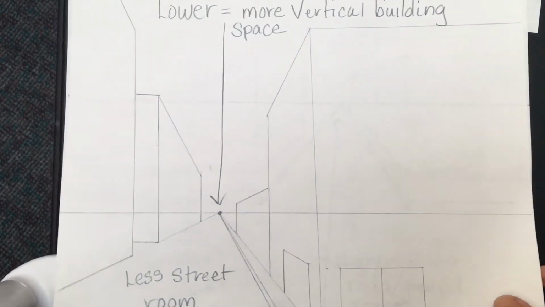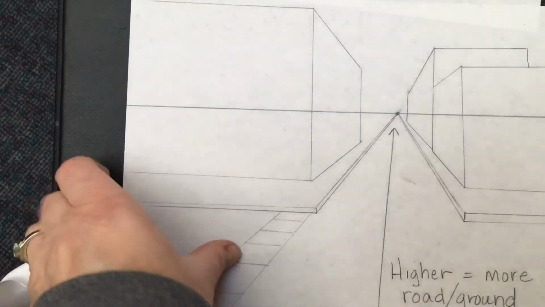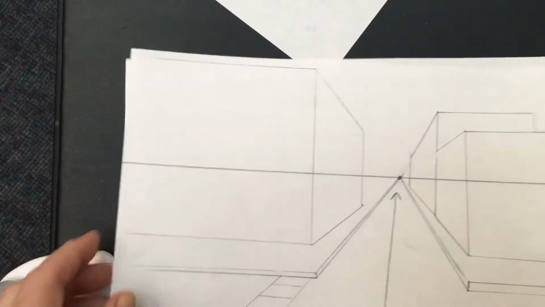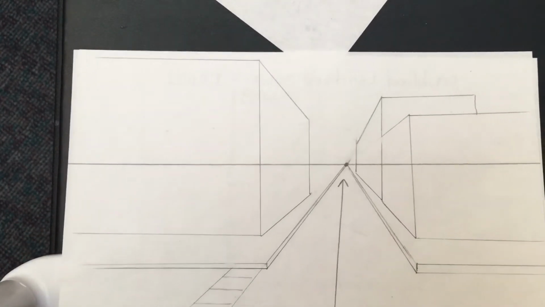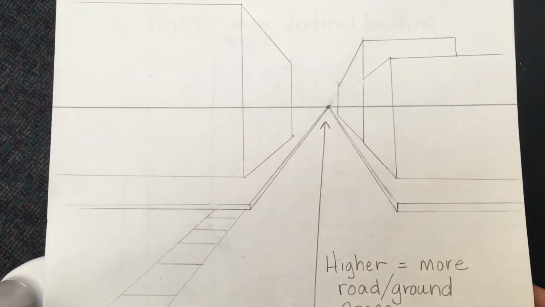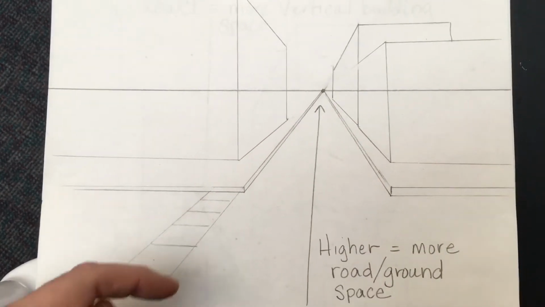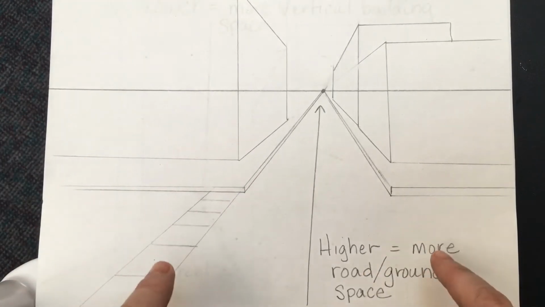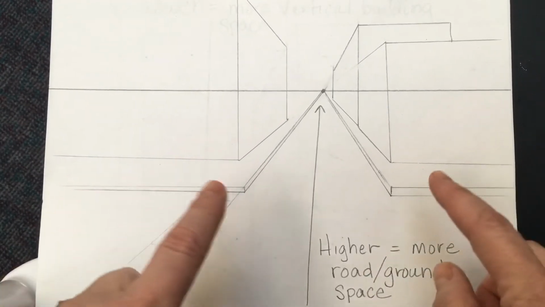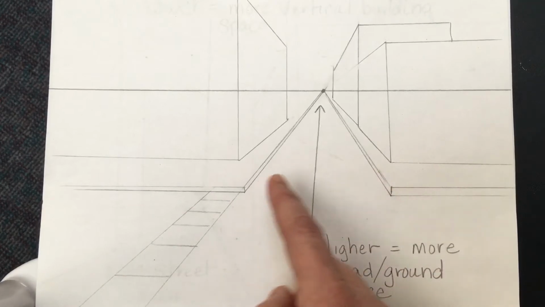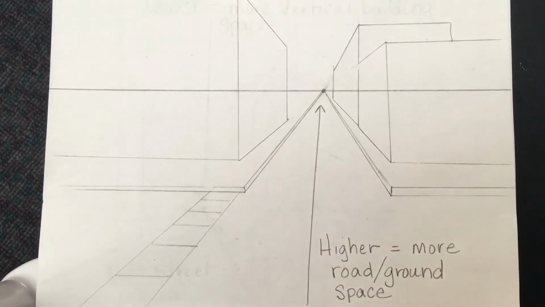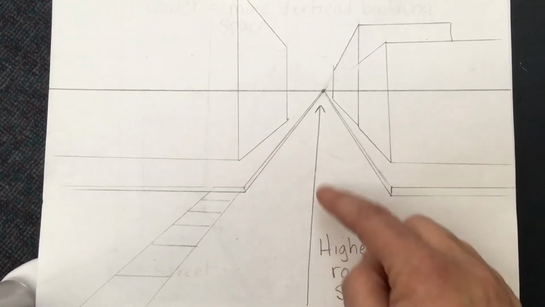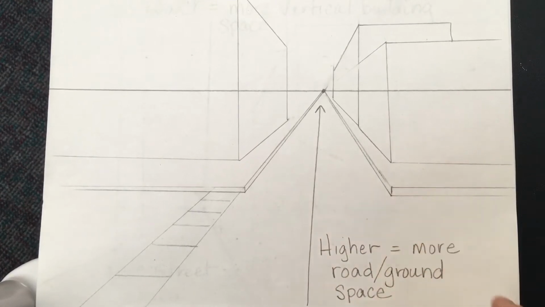Okay? The opposite view would be to raise your horizon line. Okay? The higher it goes on your page, all right, the more ground you have. So you could do more here. You could maybe do a crosswalk from here to here. You'd have lines you could put down the middle of your street. You could put a crosswalk here.